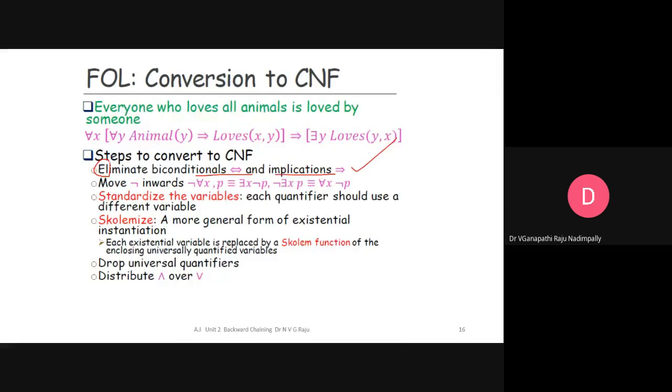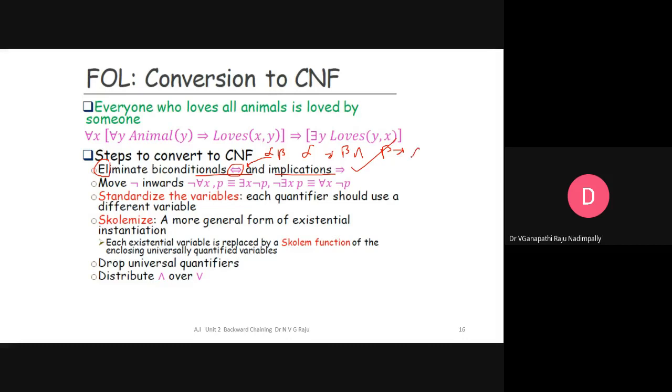Now, can you tell me how to remove this bi-implication? Can anyone tell me the formula for how to eliminate this, by taking alpha and beta? Can I take it as alpha implies beta and beta implies alpha?